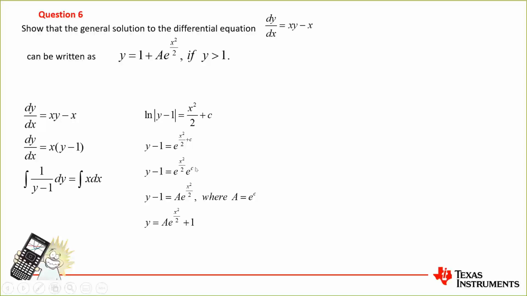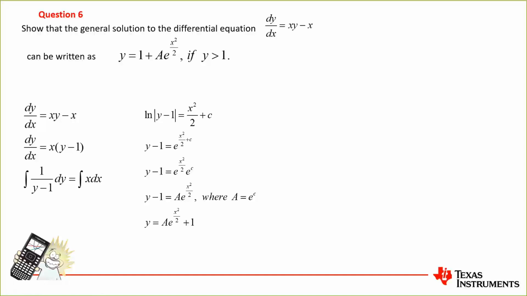Now e to the power c is a constant. So now we give it a different name. We say let this constant be called A. So we replace e to the c with A. So the right hand side becomes A e to the x squared on 2. And the last step is just adding 1, okay?